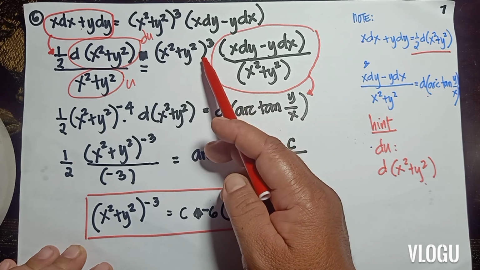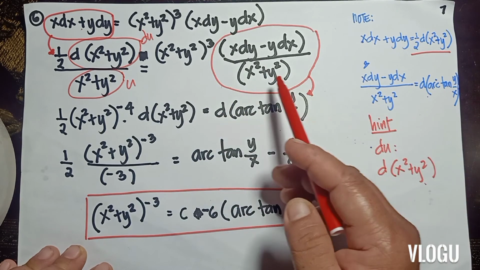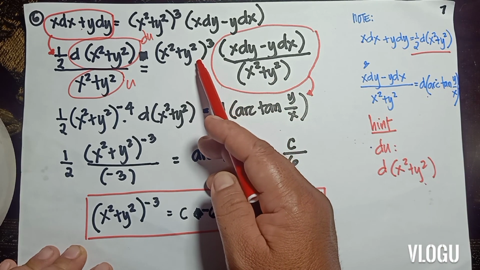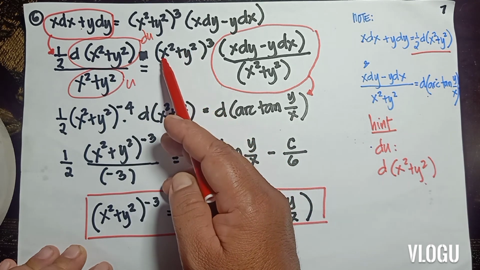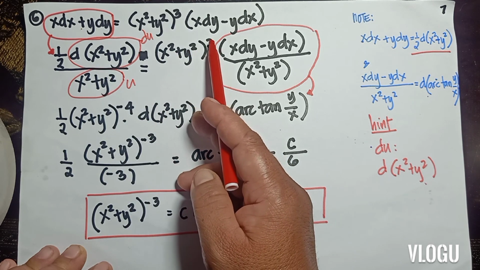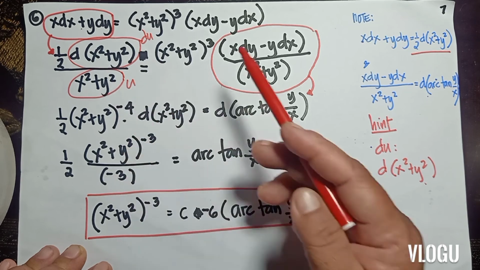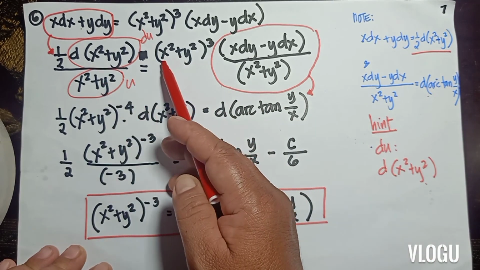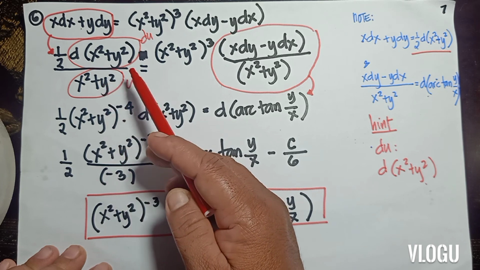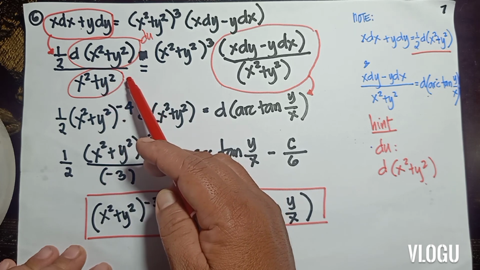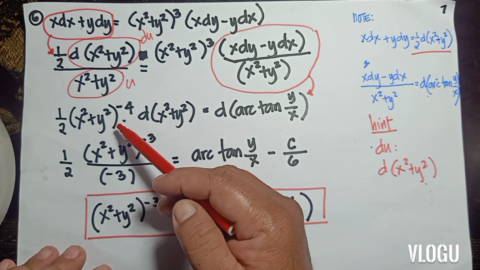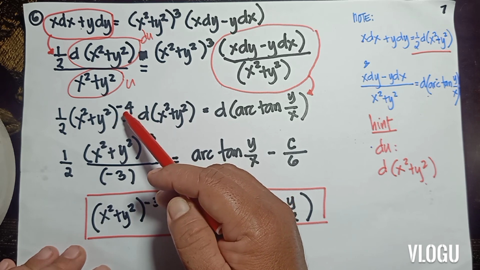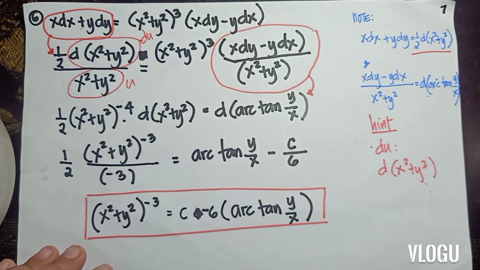Then this one, you cross multiply this to the other side. X squared plus y squared raised to cube, cross multiply to the other side. If you are going to cross multiply that one, this would become x squared plus y squared raised to 4th, right? Then when you are going to bring that up, that is negative 4.